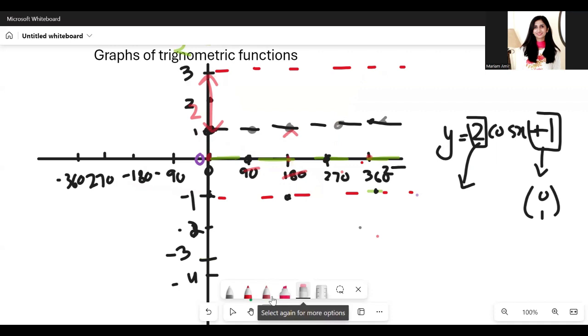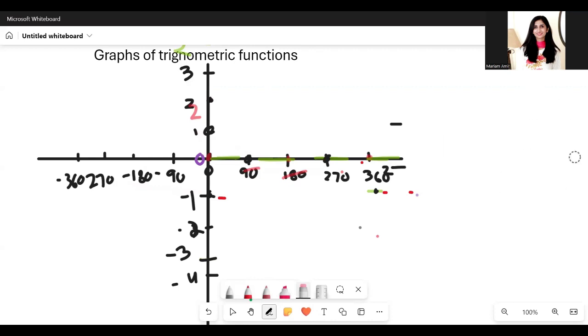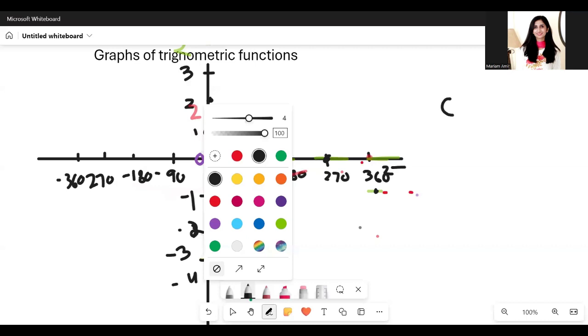Now let's discuss the graph of, I think we've already discussed minus cos x. It just reflects on the x-axis. Let's discuss cos 2x and cos half x. Okay. So let me draw cos x again so that we can compare it with cos 2x first, and then cos half x.